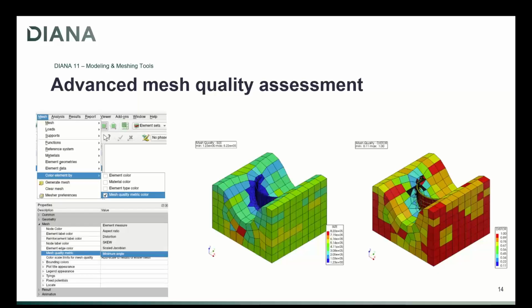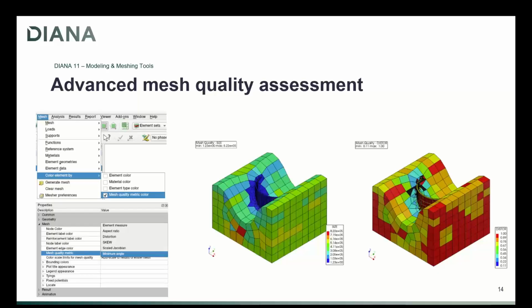And to see the graphic representation of the mesh quality metric in Diana, you need to go to the main menu under Mesh and color element by mesh quality metric color. The mesh quality metric settings are under the properties, as with most of the property definitions. And under the property, under the mesh quality metric, you basically find the settings for the contour plot of the mesh quality.